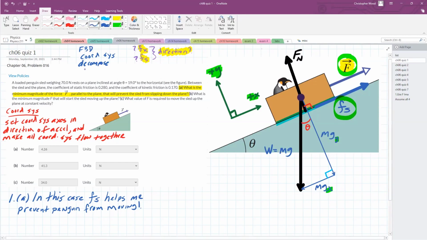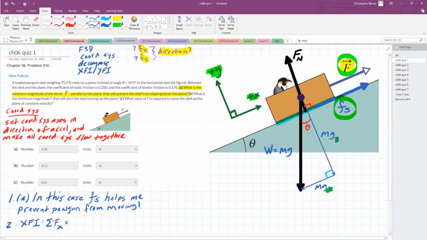What's next? What's next is the X force inventory and or the Y force inventory. So step number 2, let's go with the X force inventory. X force inventory, in this case, says the sum of all X forces acting on the body, and the body is the penguin. There's only one body here.